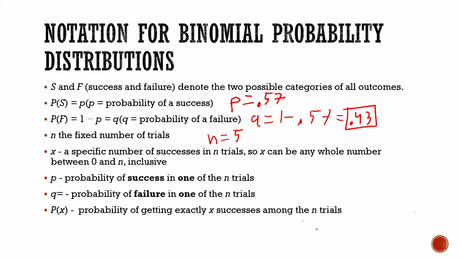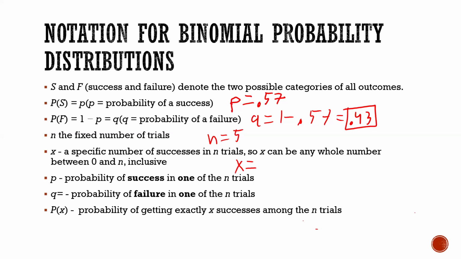So n in the previous situation is 5. That's n, the number of trials, right? That's really all we got to focus on. And then x is the number of successes we're interested in.